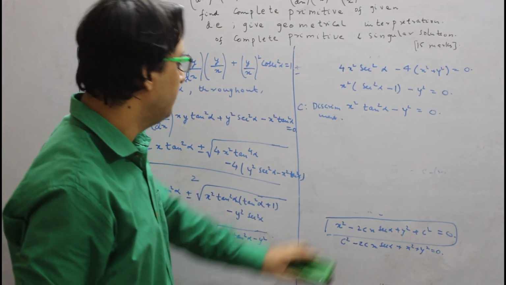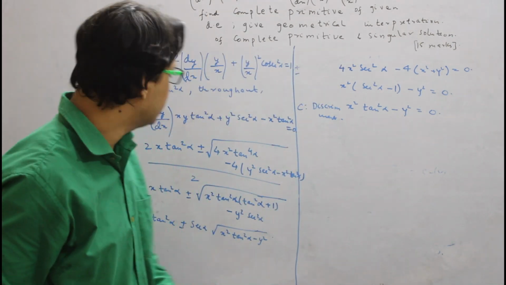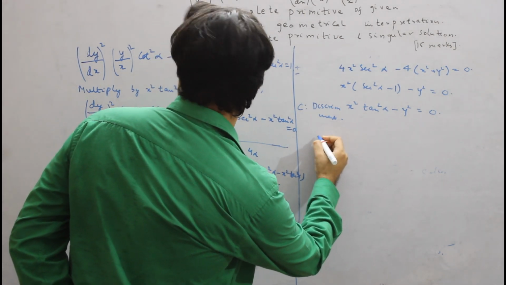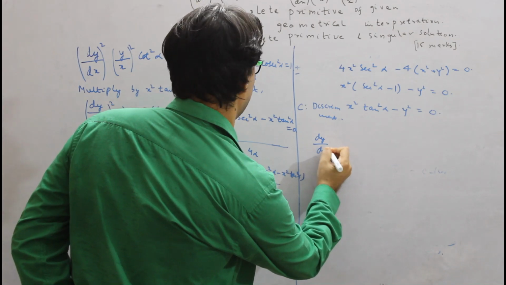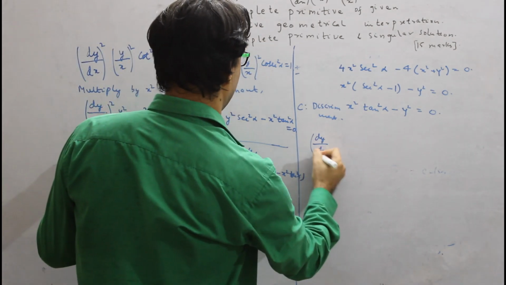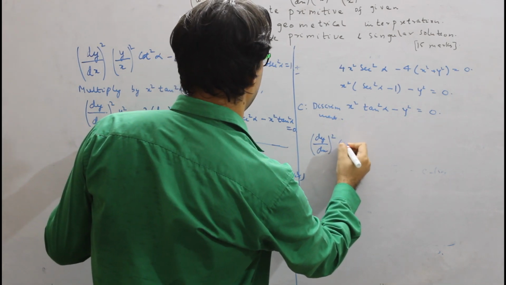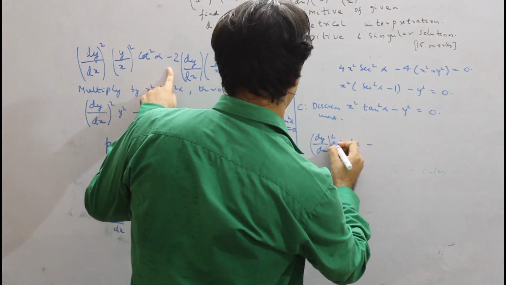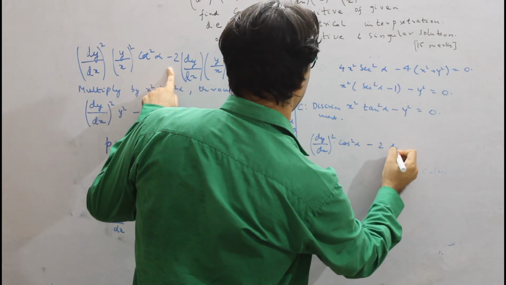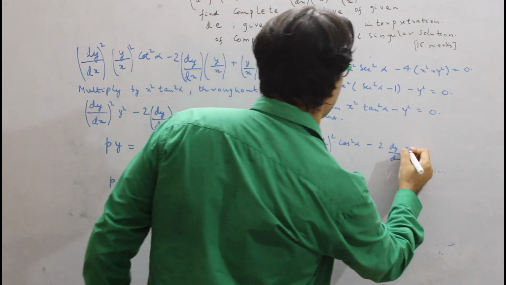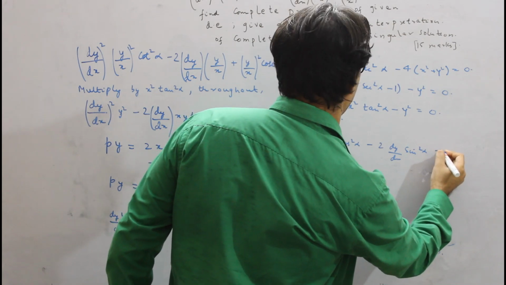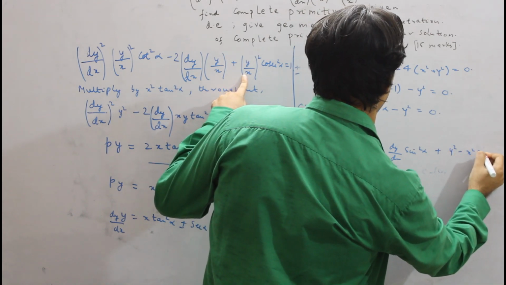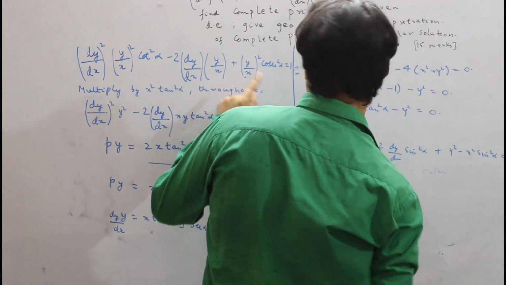So now we have to find the p discriminant. We have to write it in terms of dy by dx, and I write this as cos square alpha minus 2 dy by dx, so this will become sin square alpha plus y square minus x square sin square alpha.